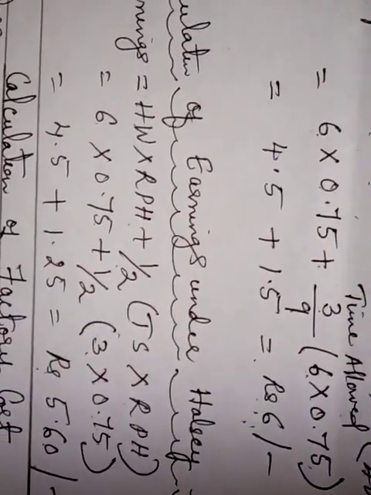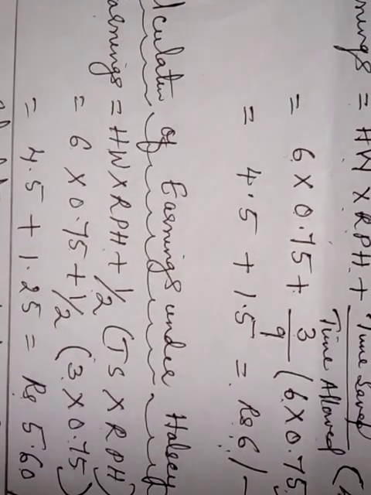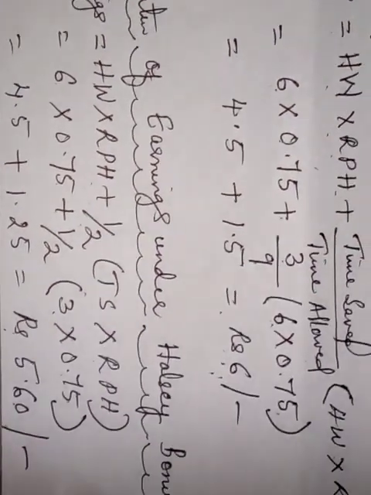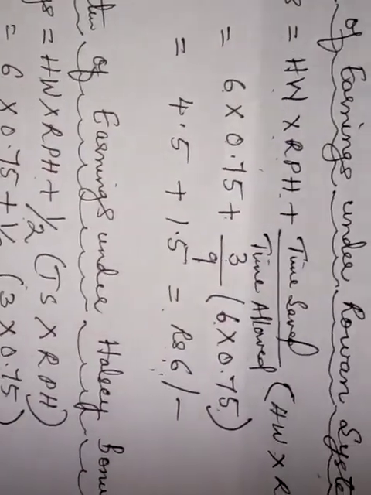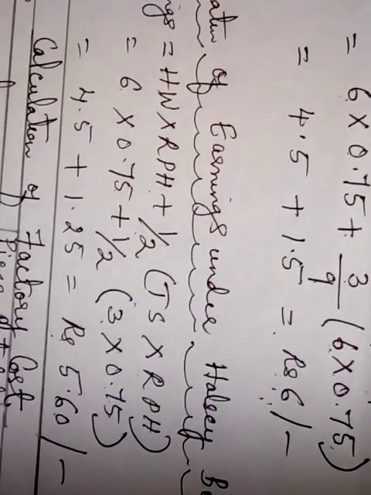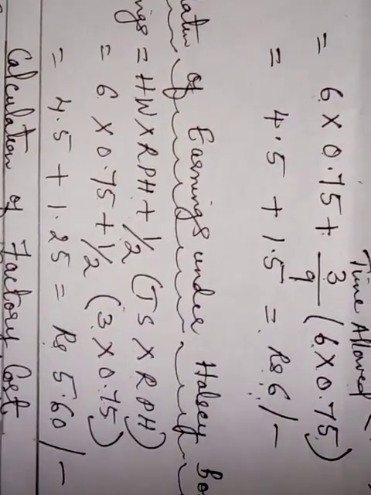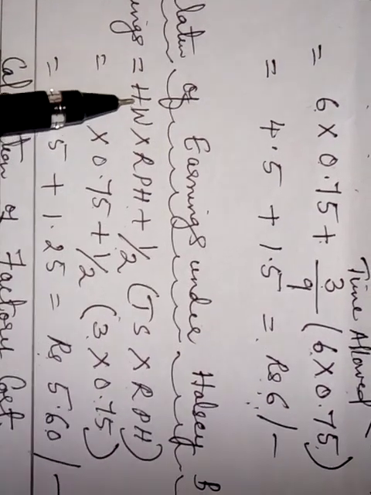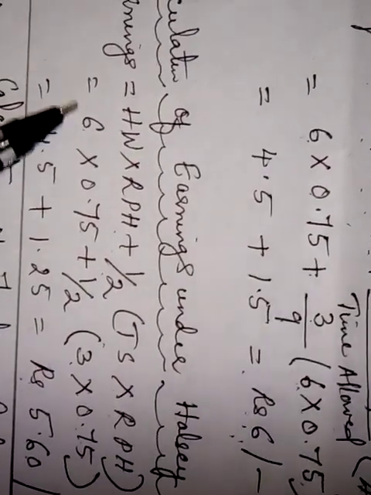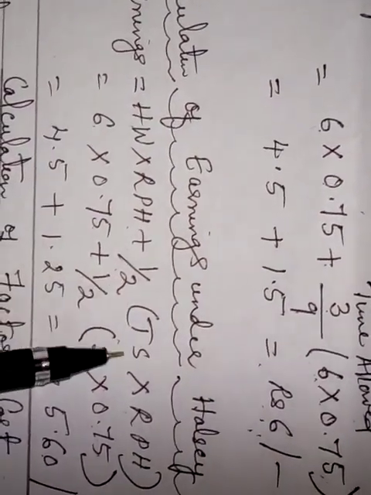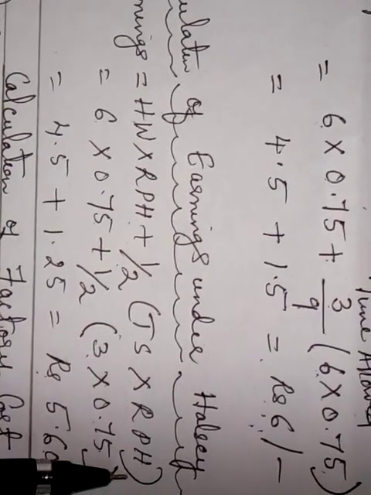The next method is the Halsey bonus plan. Under this method, earnings can be calculated by the formula earnings equals hours worked into rate per hour plus half into time saved into rate per hour.